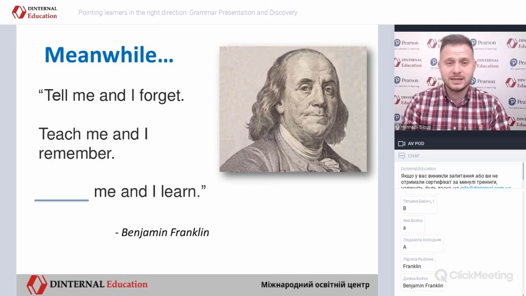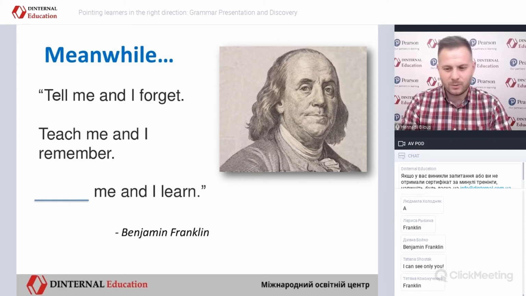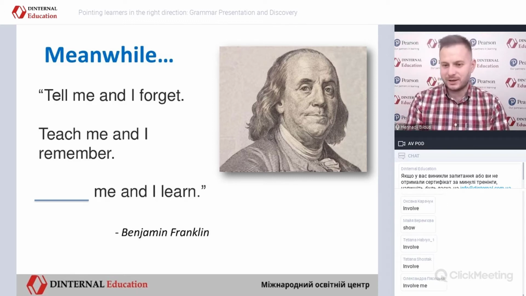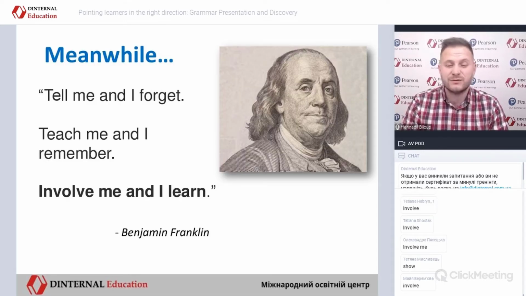Like this gentleman said once, tell me and I forget, teach me and I remember. And again, what's the missing verb here? Anybody, again, with maybe fast typing skills? Yes, Oksana Karachun was the first one, and lots of you catching up with Oksana, coming up with a very correct verb here: involve me and I learn.